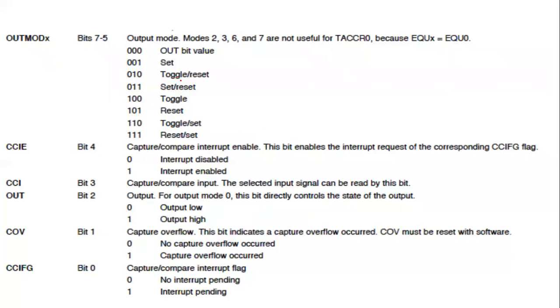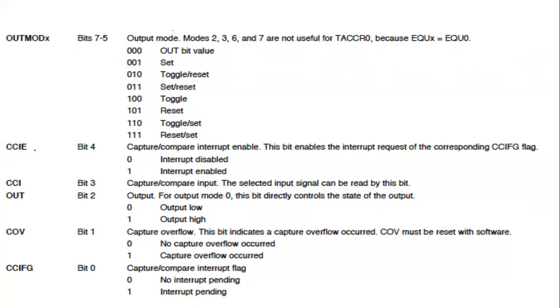Toggle means opposite. 011 is set or reset, 100 is toggle, and 101 is reset. 110 is toggle or set. 111 is set or reset.